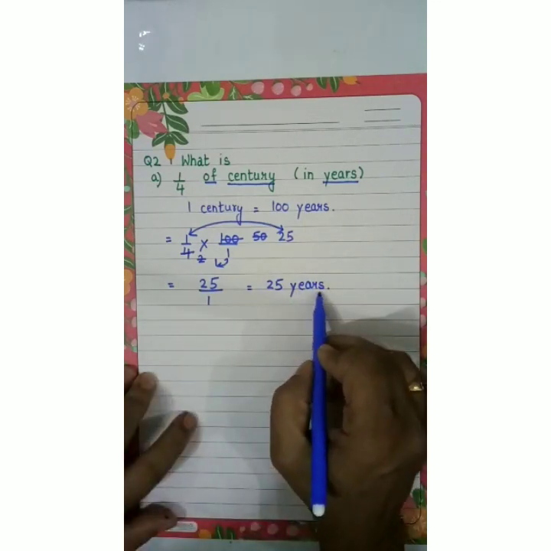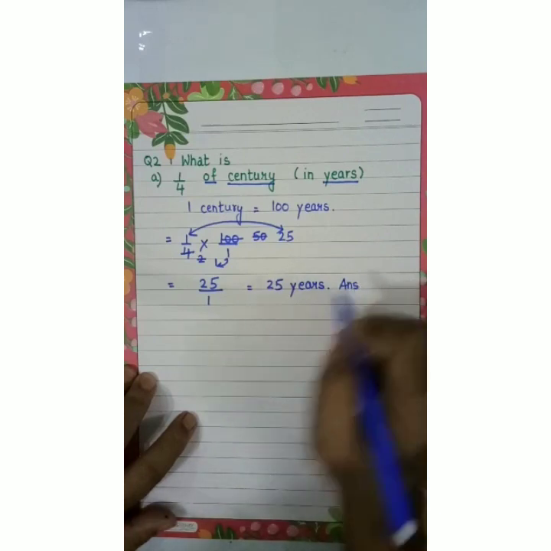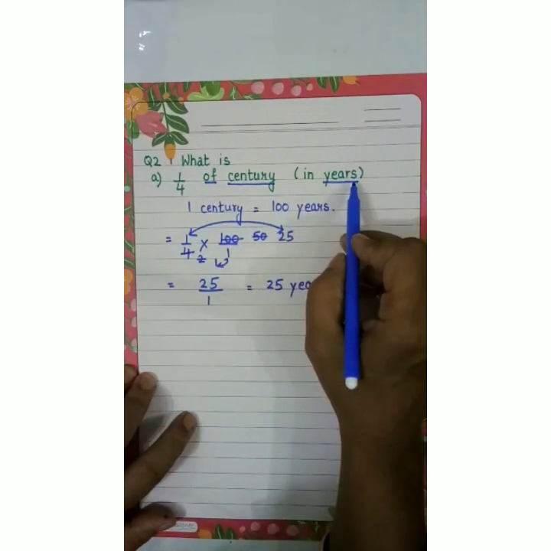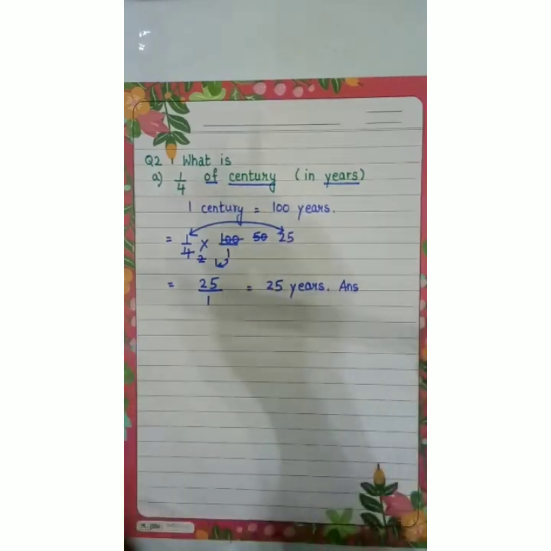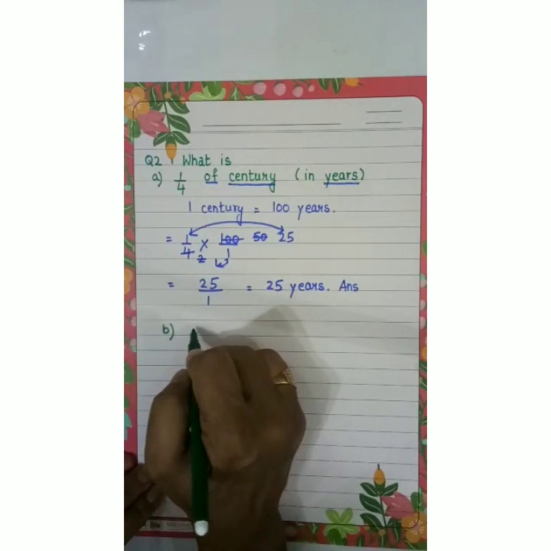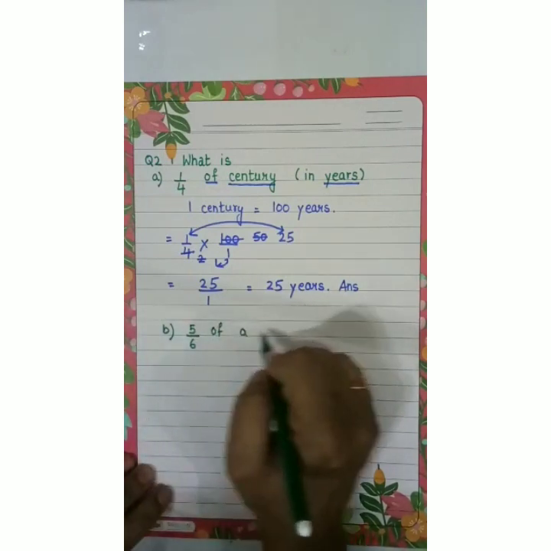If you do not write down the unit, you will lose your marks for no reason. So whenever in any question you have been asked to write down the answer, the unit is a must. So 25 years.